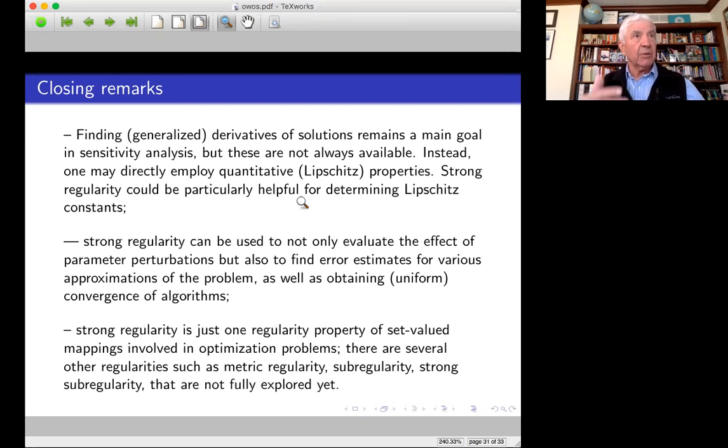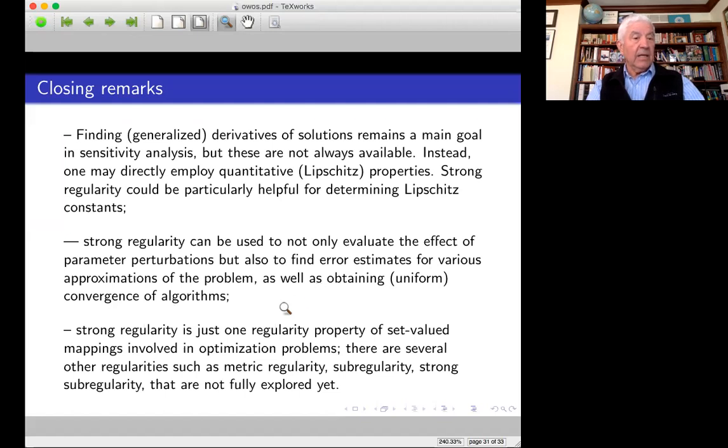The Robinson theorem goes from a nonlinear to a linear problem. Also, strong regularity could be used not only to evaluate the effect of parametric perturbation, but also to find error estimates for various approximations of the problems and obtaining also uniform convergence of algorithms.